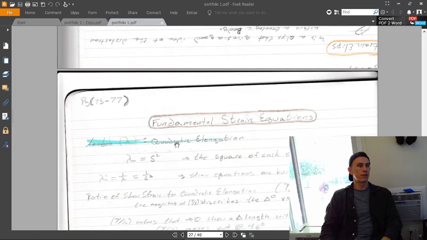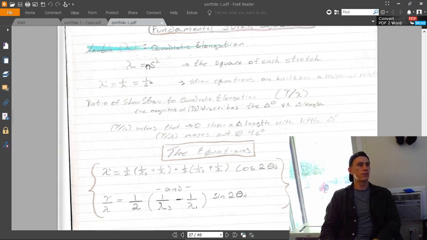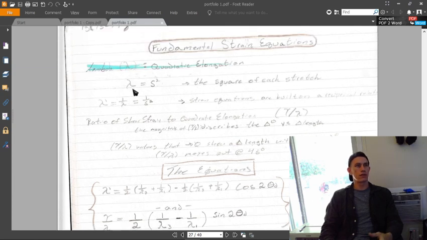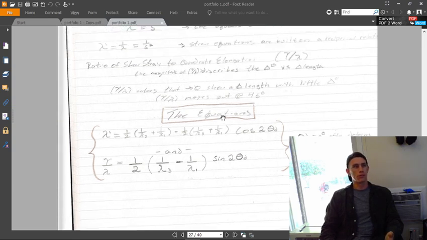Okay. So the fundamental strain equations. These ones, you should probably just go over in a book. It's basically figuring out what changed and in relation to what.